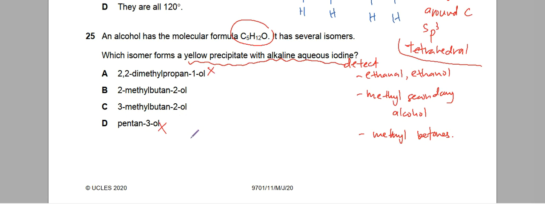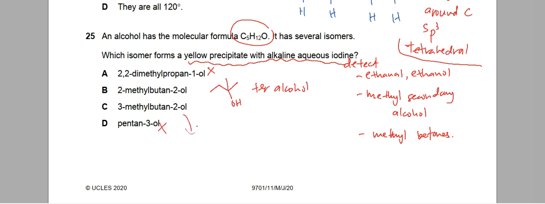This one is actually a tertiary alcohol, butanol, 1, 2, 3, 4, and at the second position you have the methyl and also the OH group. This one is a tertiary alcohol because it has 3 R groups.